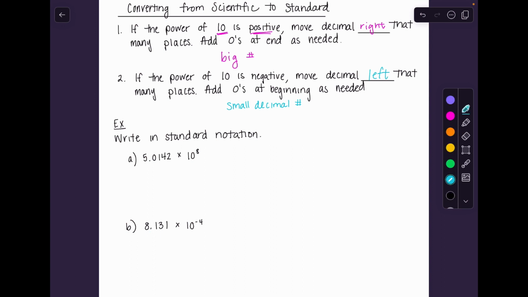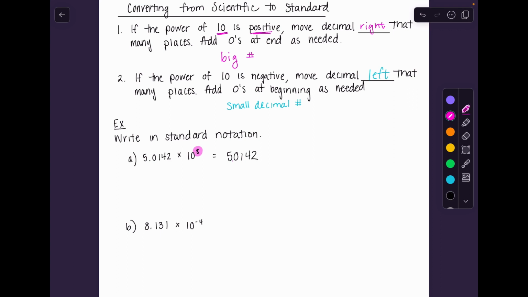And so that's all we have to do to convert back and forth between these. So for these, I like to give myself a little bit more room. I'm going to be making a big number here because it is a positive exponent. And I'm going to start by just copying all of the digits that I see, 50142.